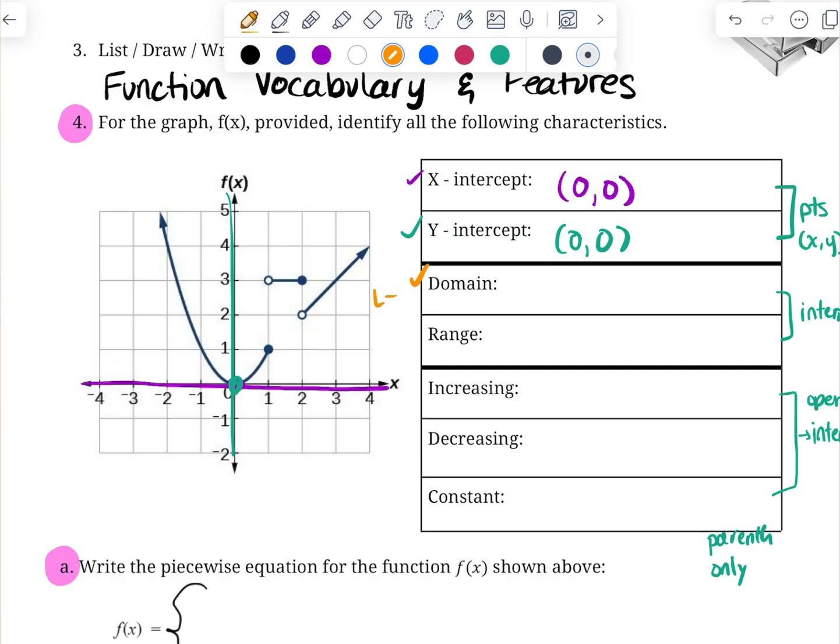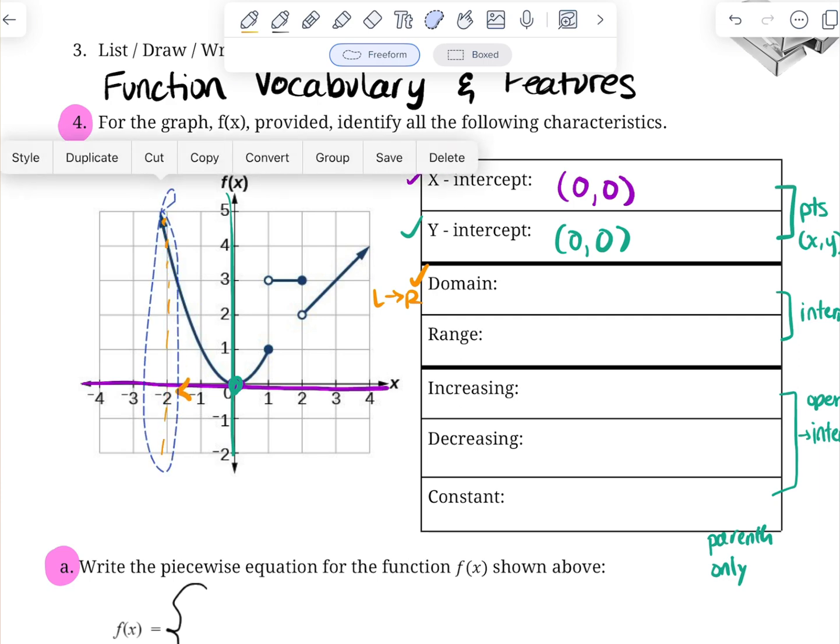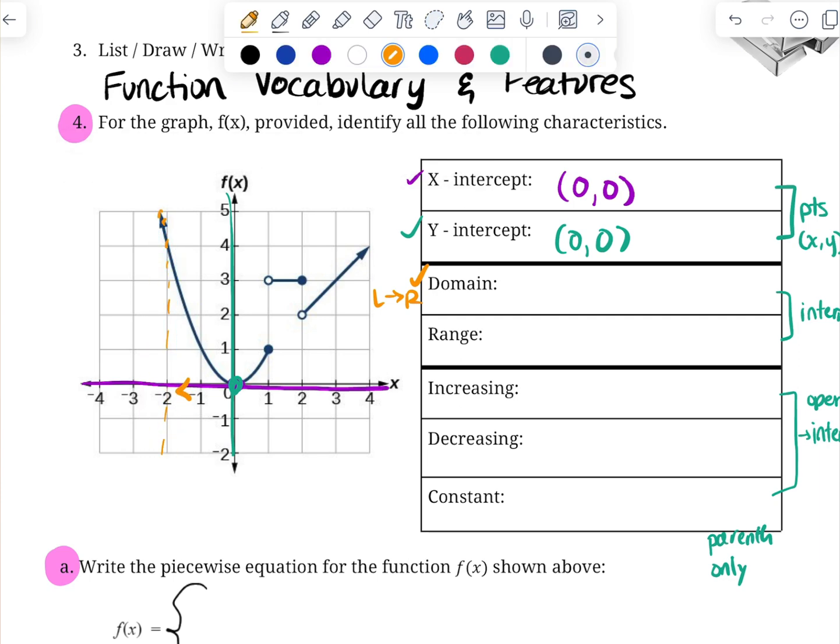Okay, the domain. We're going to look left to right. So what does that mean? That means start on the left side and ask yourself, what's the first thing you see as your visual looks to the left? The first thing I hit as I'm looking is an arrow. An arrow means we're thinking about infinity, and since that's on the left side, that's negative infinity.